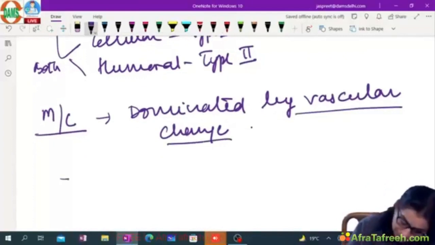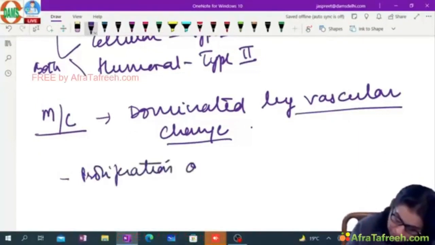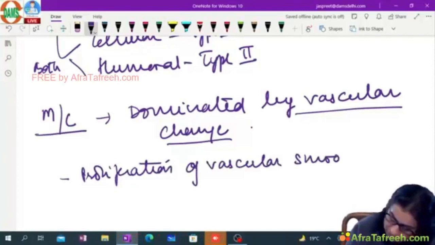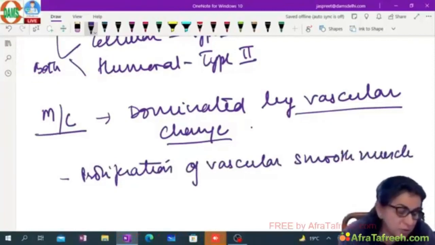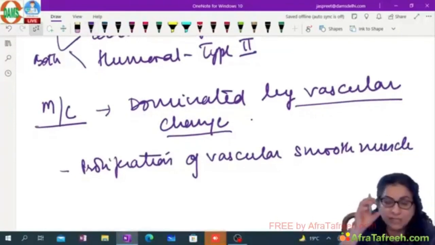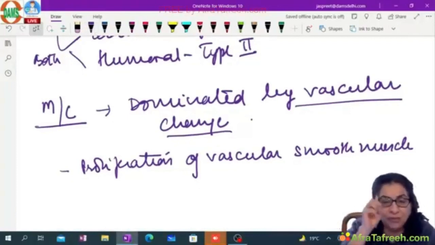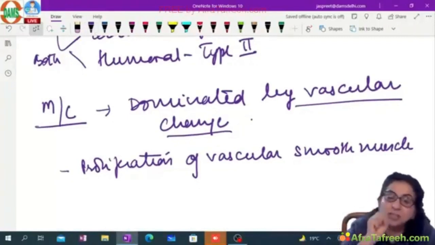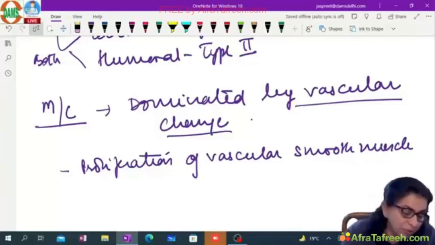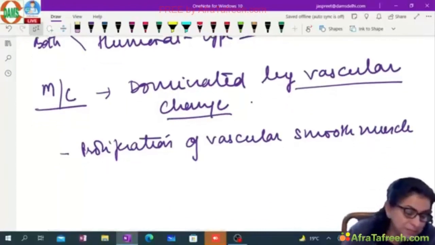Number one, proliferation of vascular smooth muscle. So the blood vessels become very thick because the smooth muscle in the media proliferates. And the blood vessels can close also, or they can get obliterated also.